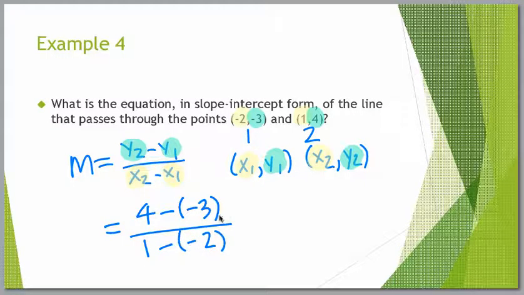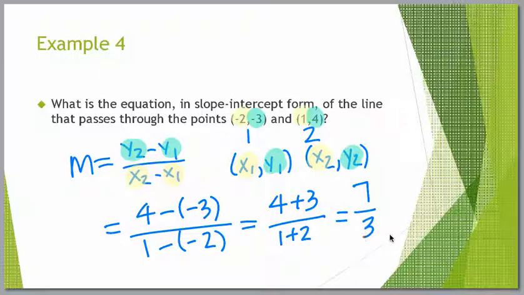I just like to use parentheses so that way you don't get confused and think it's one long subtraction sign. You want to make sure you know you're subtracting a negative 3, which really means, when we simplify here, that we have 4 plus 3 and 1 plus 2. To finish off the simplifying, 4 plus 3 is 7, 1 plus 2 is 3, and we have our slope.